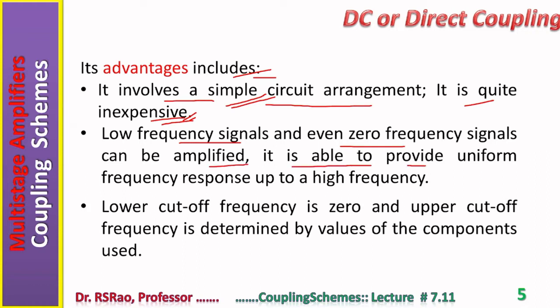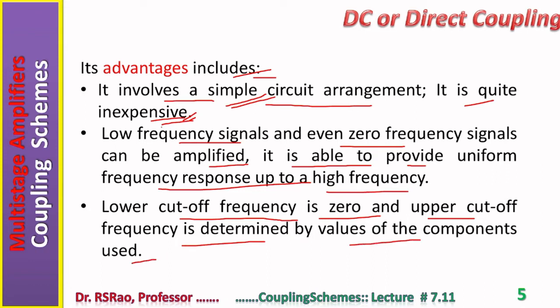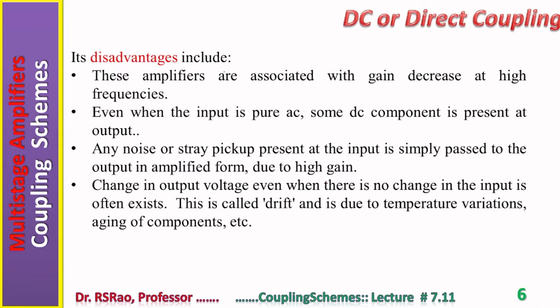It is able to provide uniform frequency response up to high frequency. Lower cutoff frequency is 0 and upper cutoff frequency is determined by the values of components used. So these are advantages: simplicity, inexpensiveness, zero cutoff frequency. These are all positive features of direct coupling.